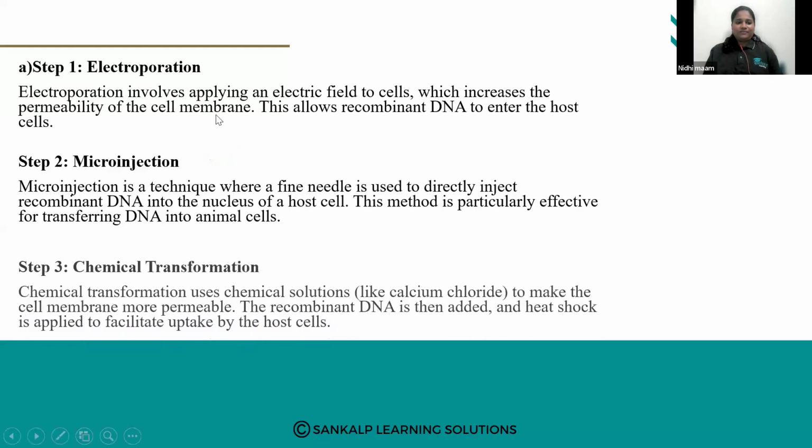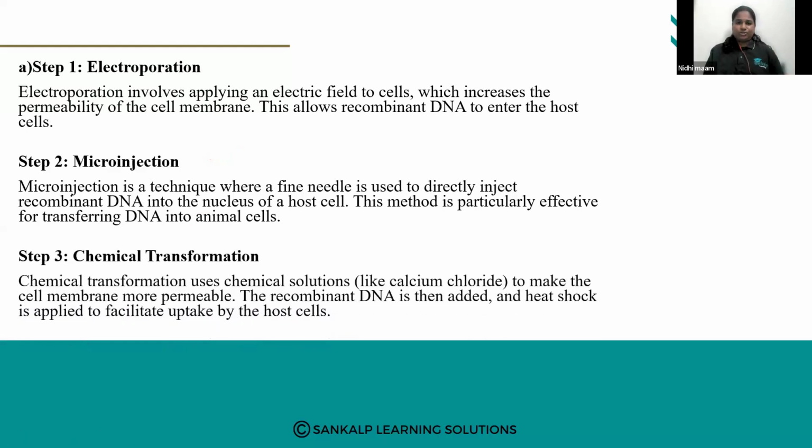Then after that, chemical transformation. So I said 3 points should be included, that it has three methods which are vector free. So the next one is chemical transformation. Chemical transformation uses what? As the name suggests, it uses chemical solutions, my dear friends.